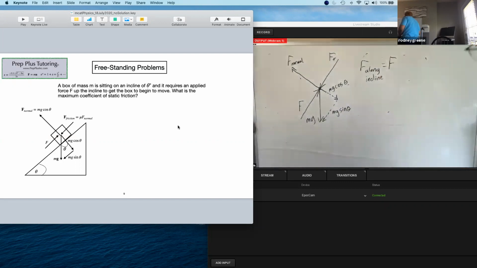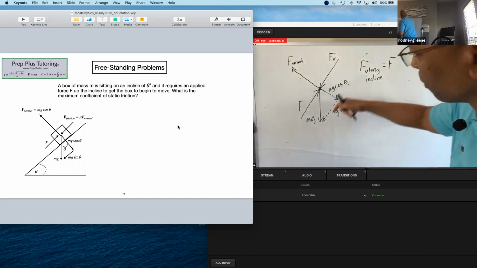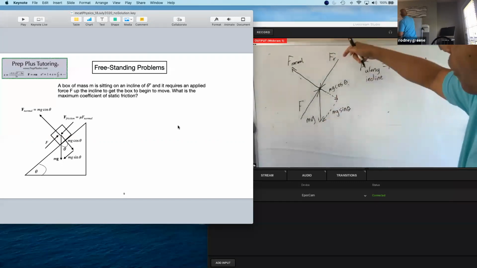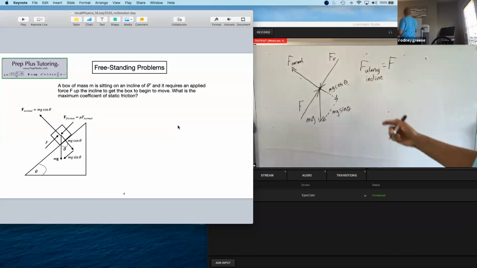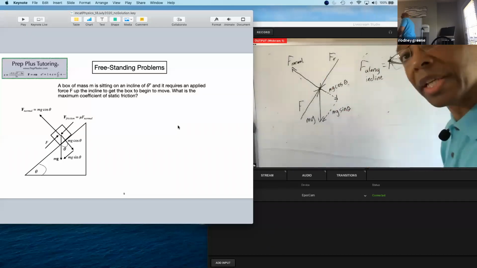It's called F. That's from the statement of the problem. Minus this guy, it's going in the opposite direction. And there's also this force due to friction. Those are the forces that are acting along the incline.